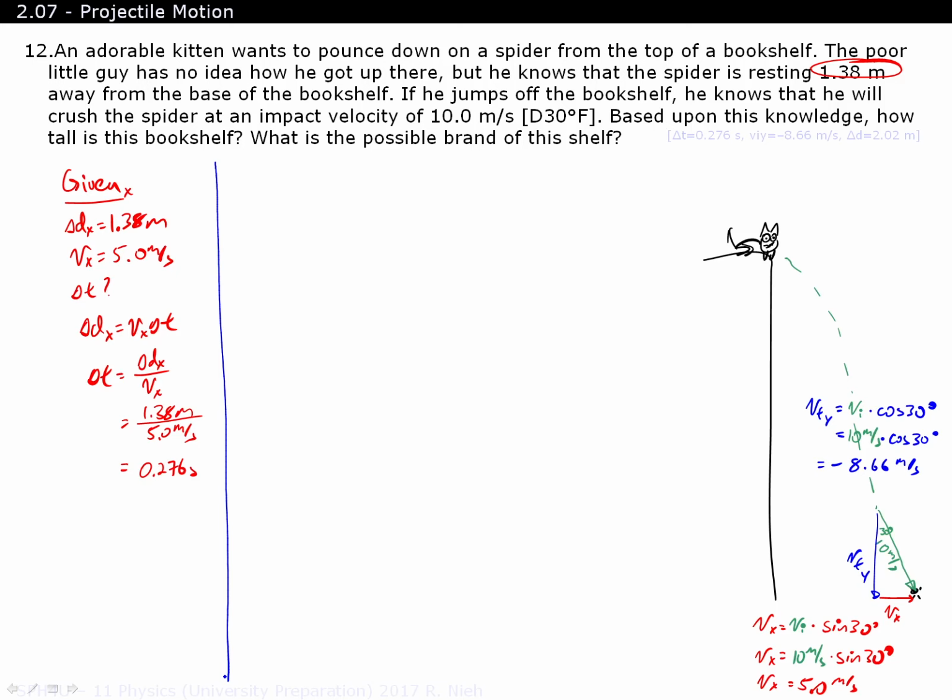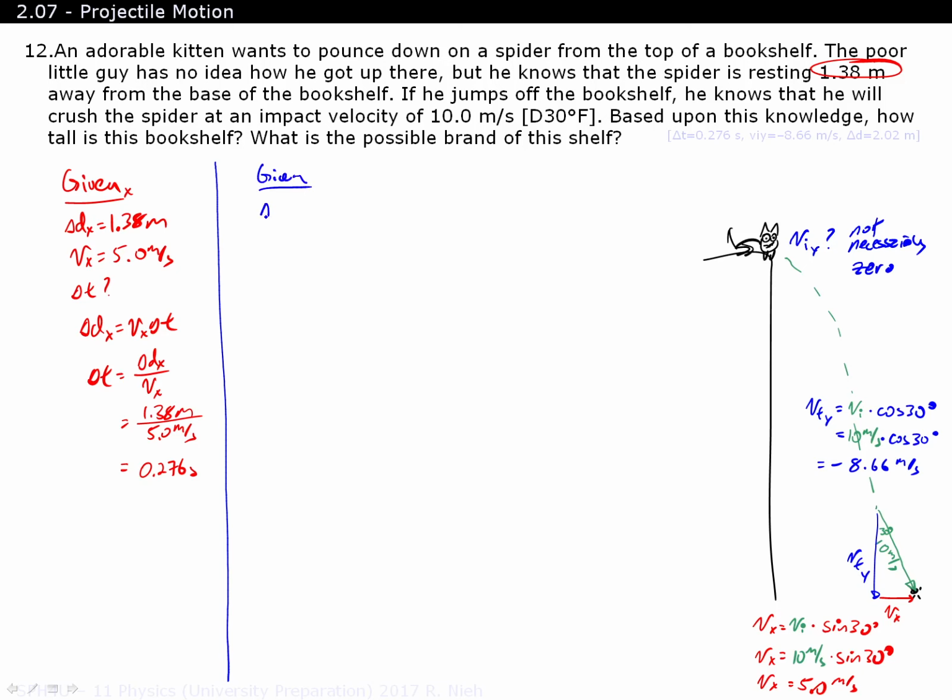That will also tell us the distance that the cat will have to fall. Now, there's no guarantee that the cat had a Vi of 0, all right? So Vi, we have no idea what it is. It does not necessarily have to be 0. So instead, let's just take a look at what we do know so far.